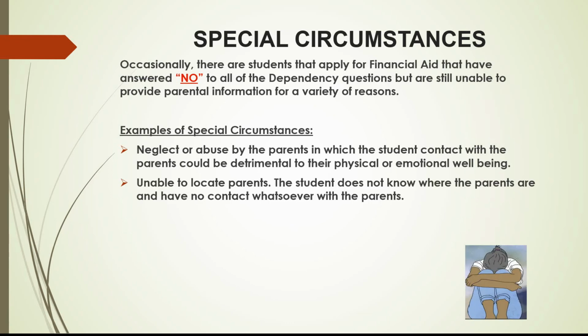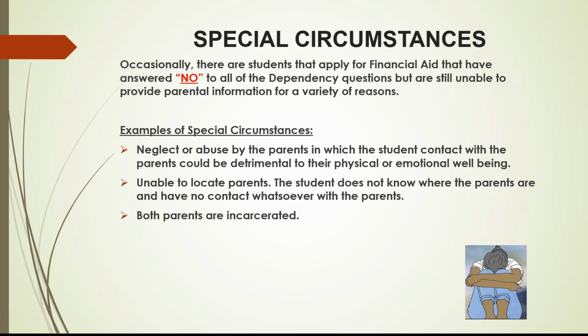Situations where you're unable to locate your parents, so the student doesn't know where the parents are and has no contact whatsoever. This could be situations where maybe the parents live in a foreign country and the student grew up living with a relative or grandparent in the United States and doesn't even have contact with their parents.